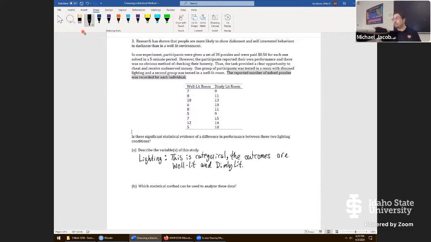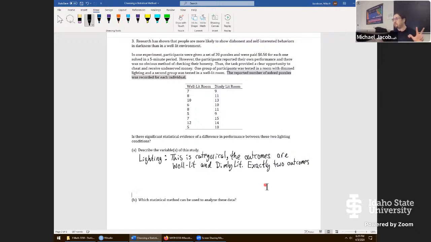So the purpose of this categorical variable is to take all 20 students and just categorize them as to which experimental situation they were placed in, the well lit or the dimly lit. So we have exactly two outcomes. And that part's important.